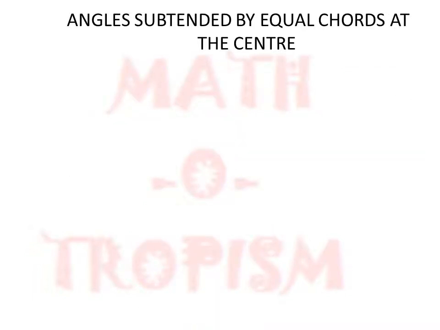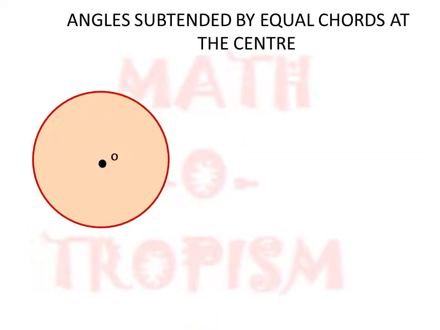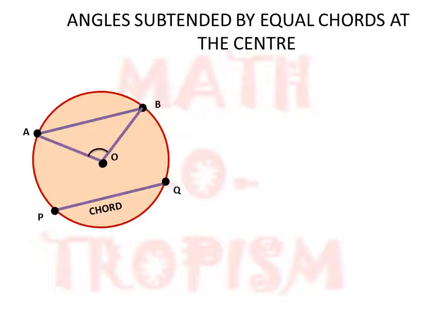Next we will be seeing about angles subtended by equal chords at the center. So assume that the chord AB is equal to chord PQ. Then, if at the center AB is subtending an angle AOB and PQ is subtending an angle POQ, then both the angles are the same.